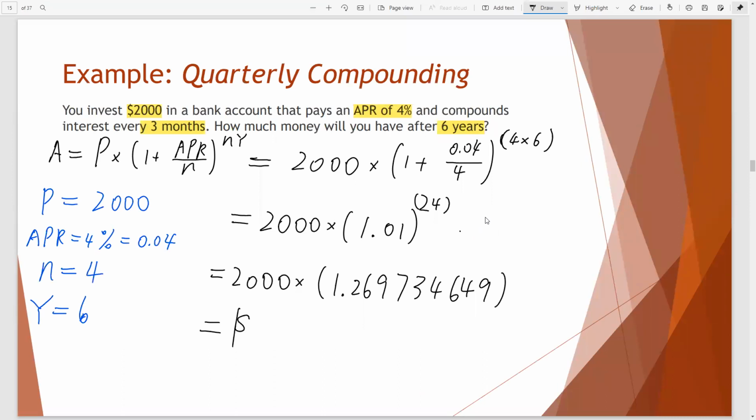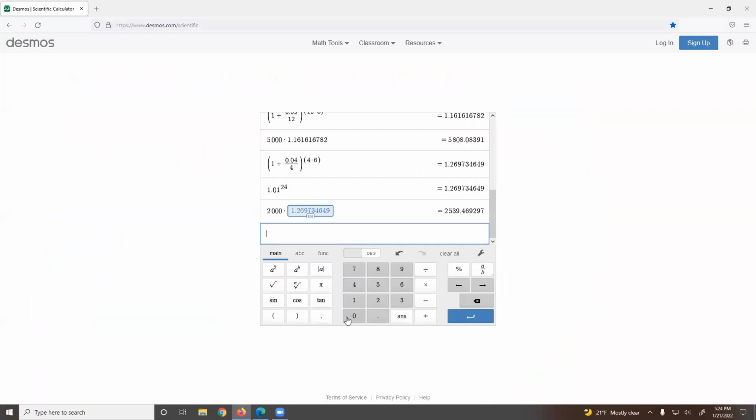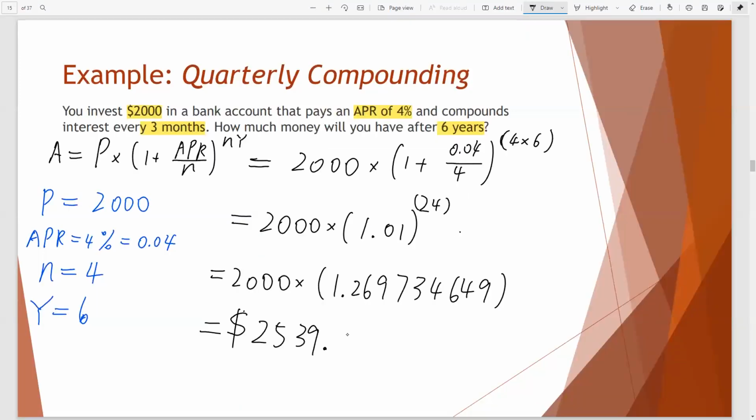Or if you know already you're going to round it to 2 decimal digits, you could directly round it, so you don't have to write again. 2,539.47, since the next digit is 9, so that will be 47 cents.